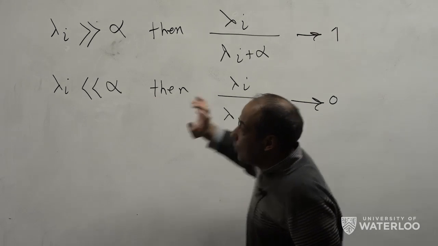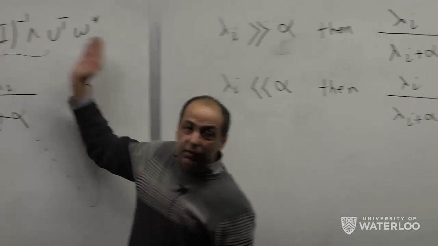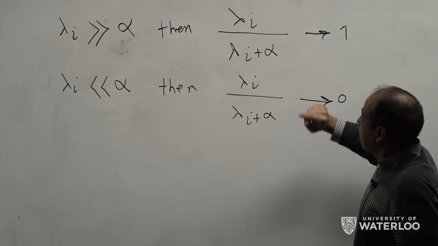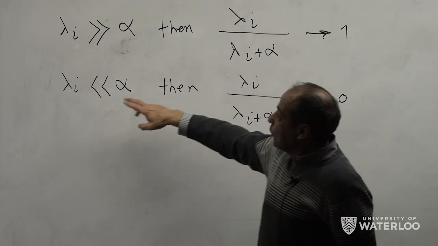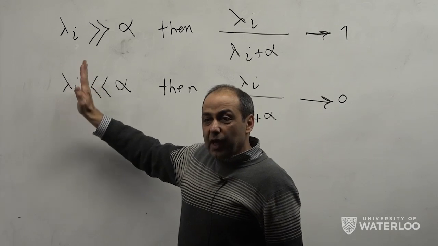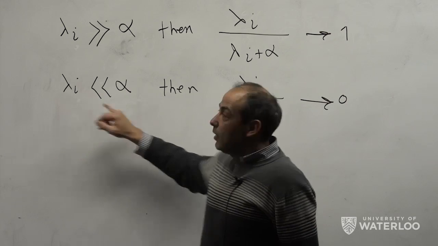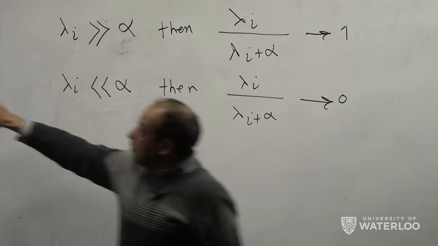It approaches 1, and we keep those columns. But for those eigenvectors of the Hessian that have small eigenvalues, that eigenvector will be knocked down.